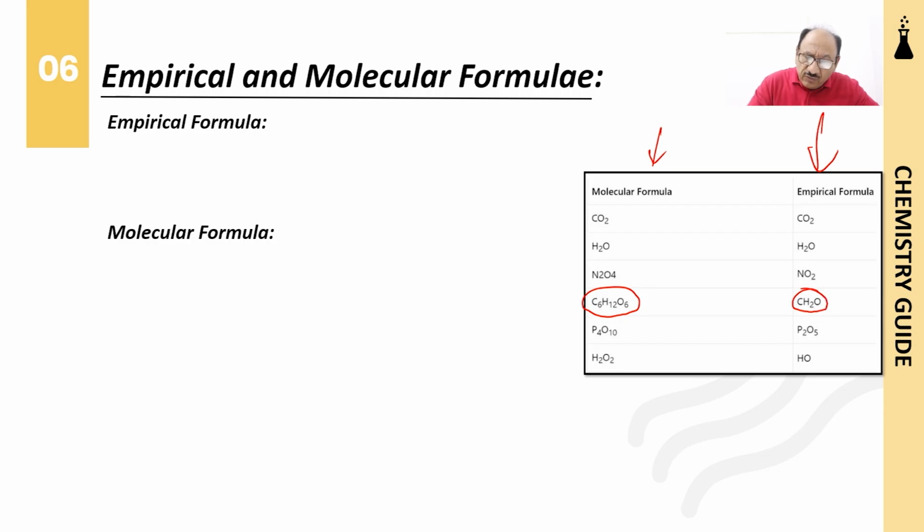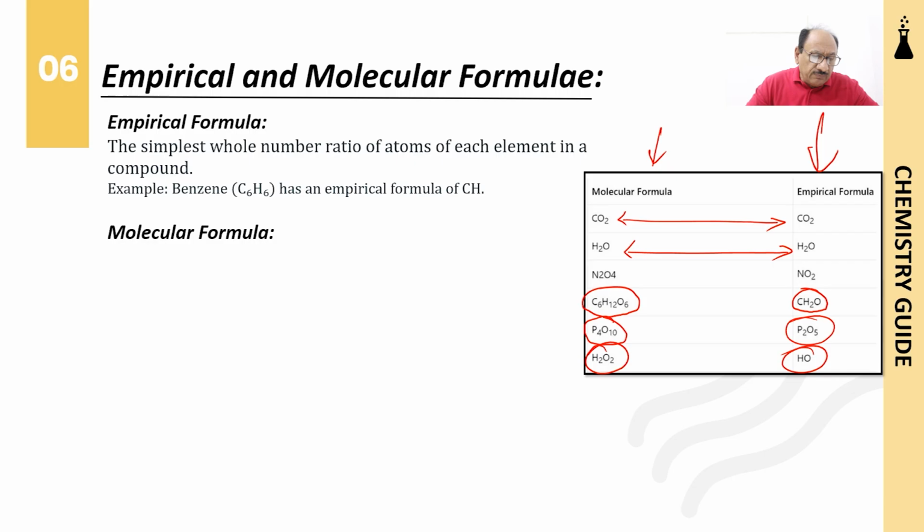Similarly, you can check for P4O10, and this will be P2O5. H2O2 has the empirical formula HO. Some of the molecular and empirical formulas are the same, like for example carbon dioxide and water. For these two, the empirical formula and molecular formula are the same.